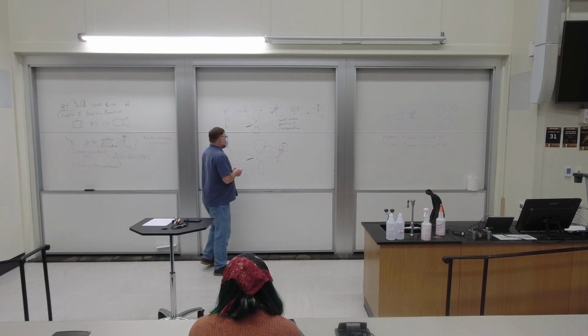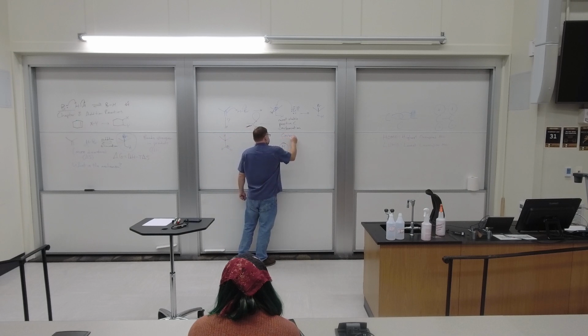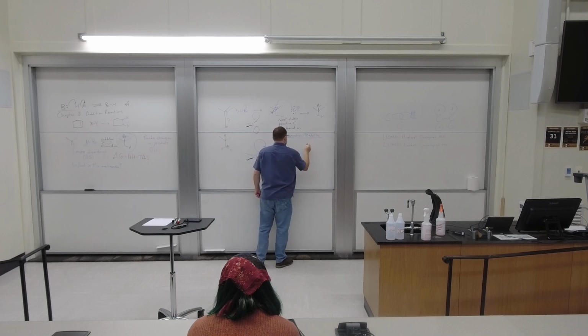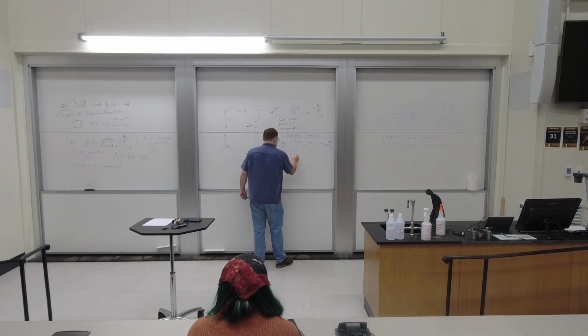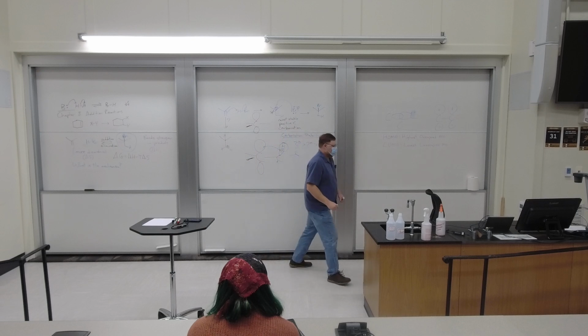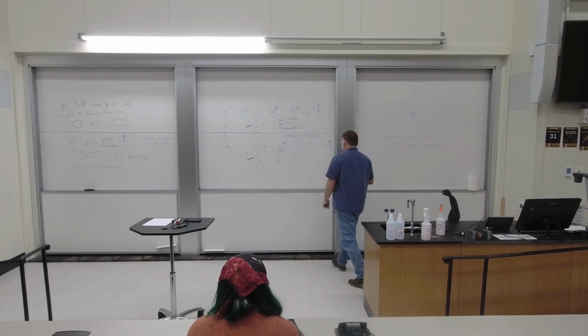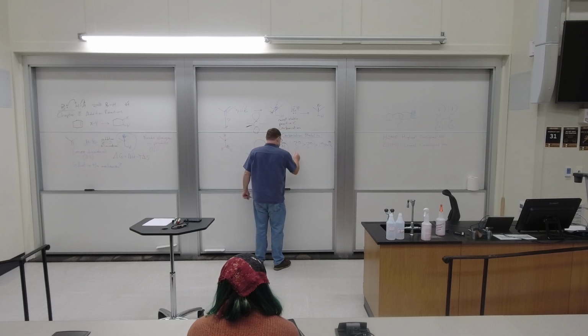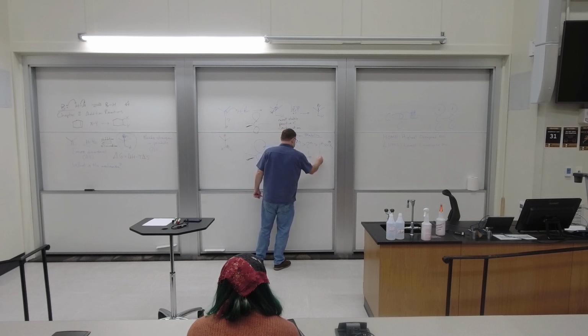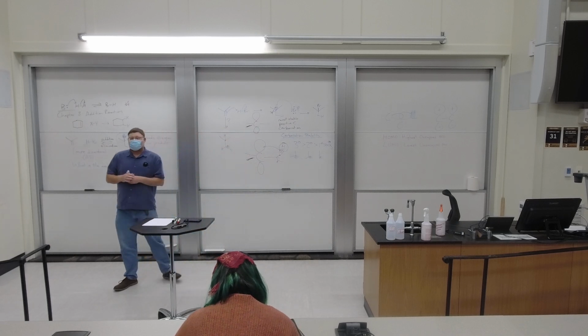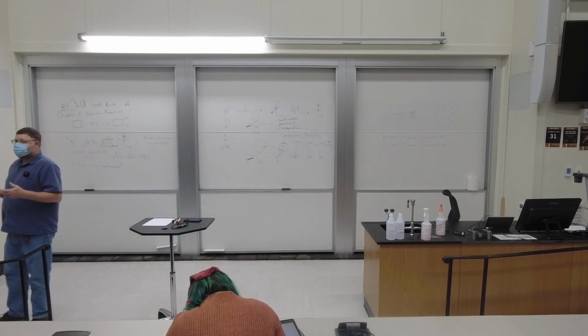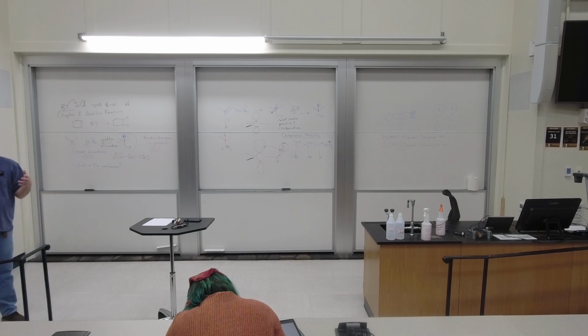So, carbocation stability. All right, so a tertiary carbocation is a good bit more stable than a secondary, and a secondary is quite a bit more stable than a primary.